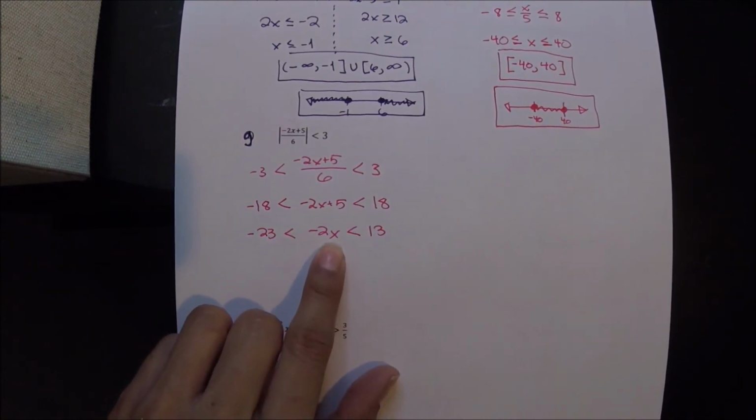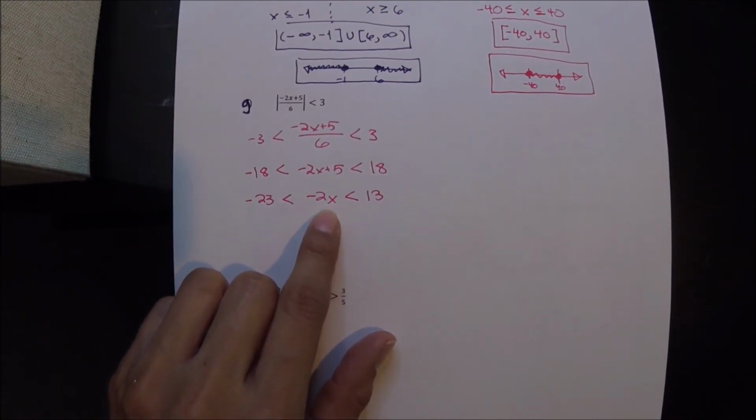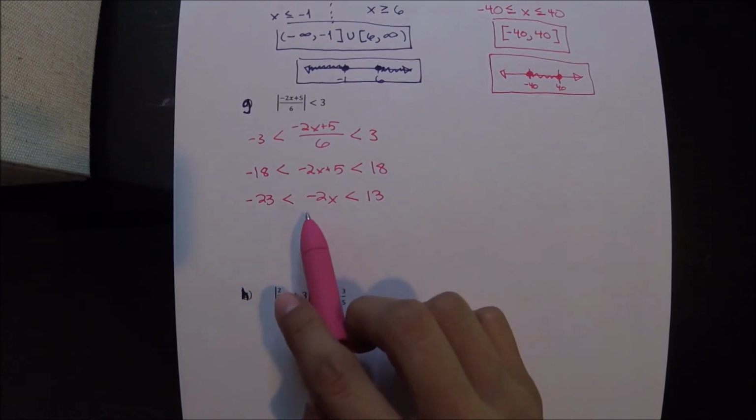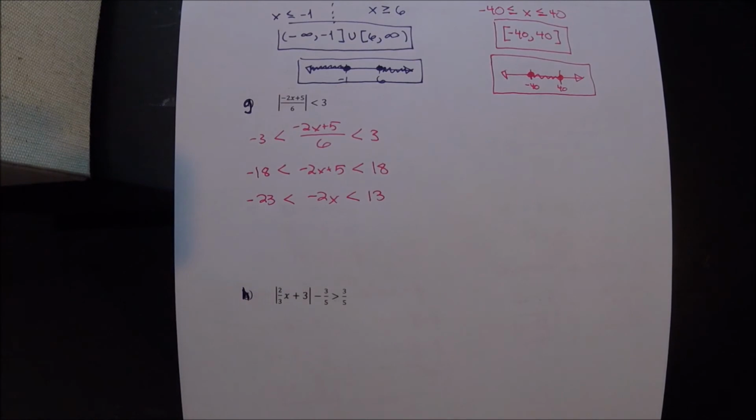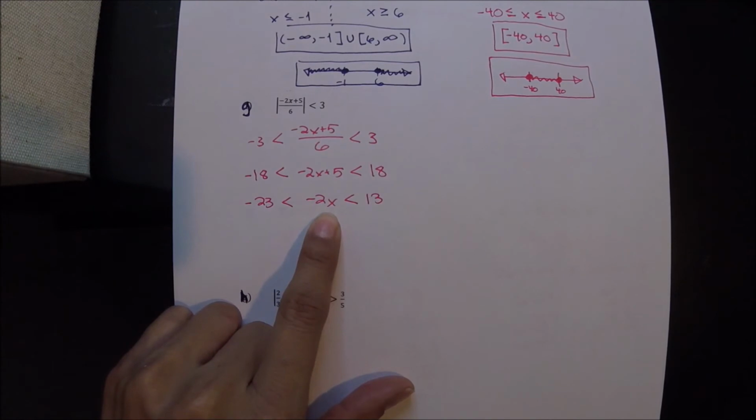Okay, now the x is almost by itself. What do we get rid of? We need to get rid of this negative 2. This is being multiplied to x. So to undo it, we divide both sides by that negative 2. But be really careful. Remember inequality rules. We just decided that we need to divide by a negative number.